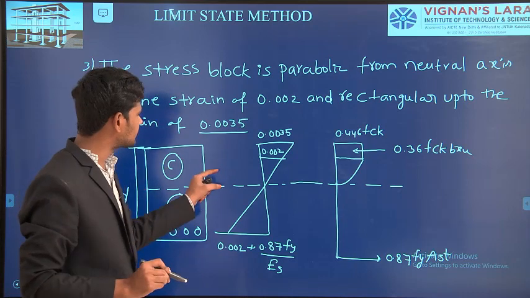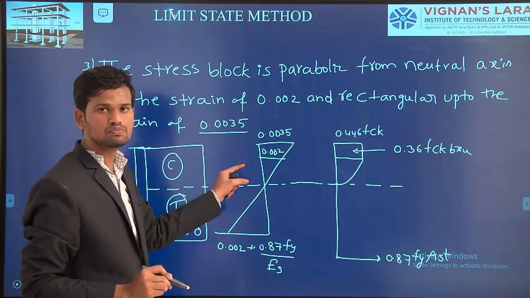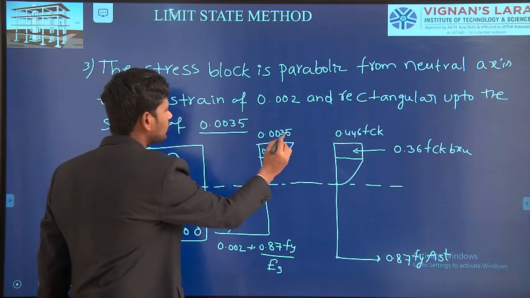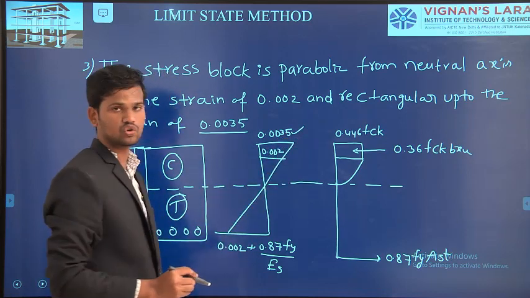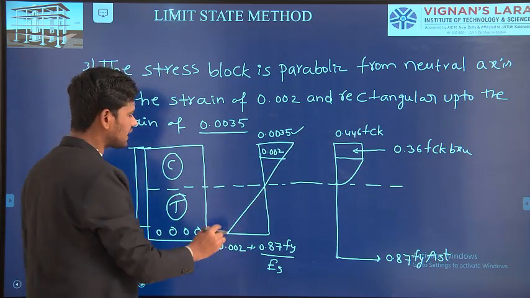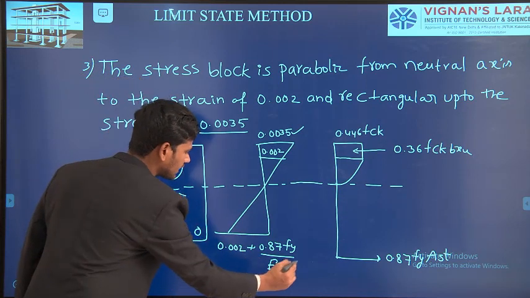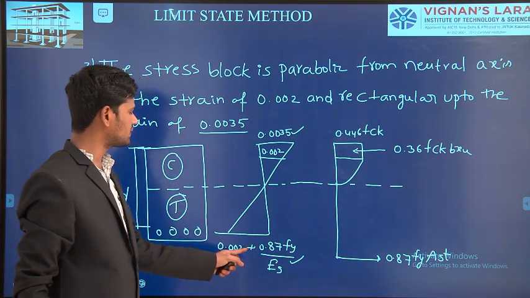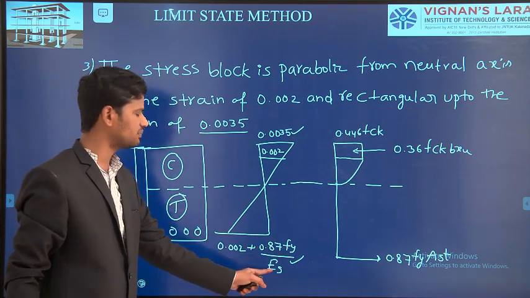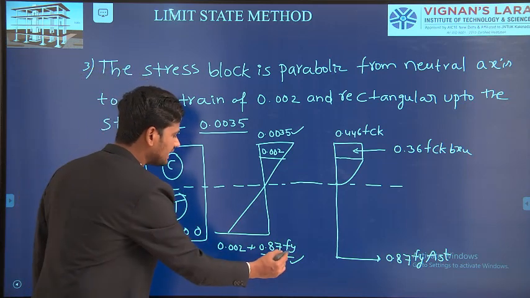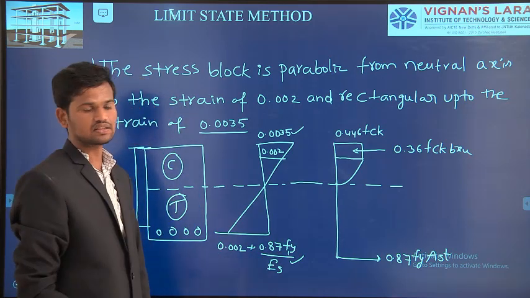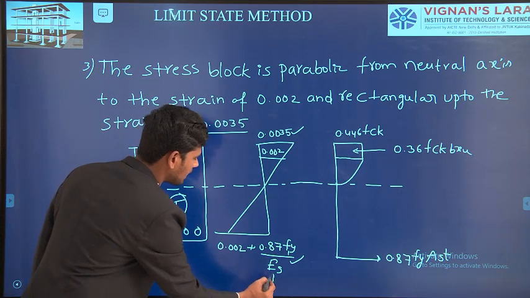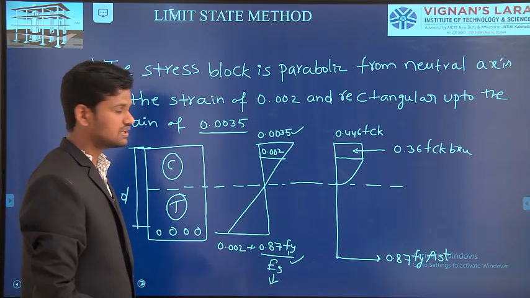From assumption 2, the maximum compressive strain in concrete is taken as 0.0035, and the tensile strain in the steel is taken as 0.002 plus 0.87 fy by Es, where fy is the yield strength of the steel and Es is the modulus of elasticity of the steel.